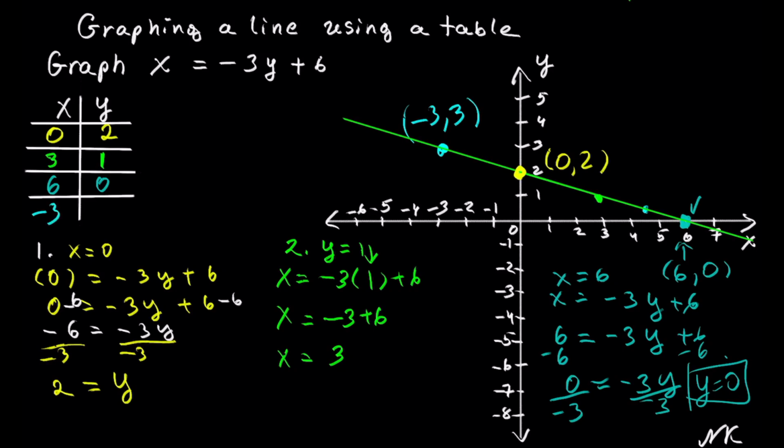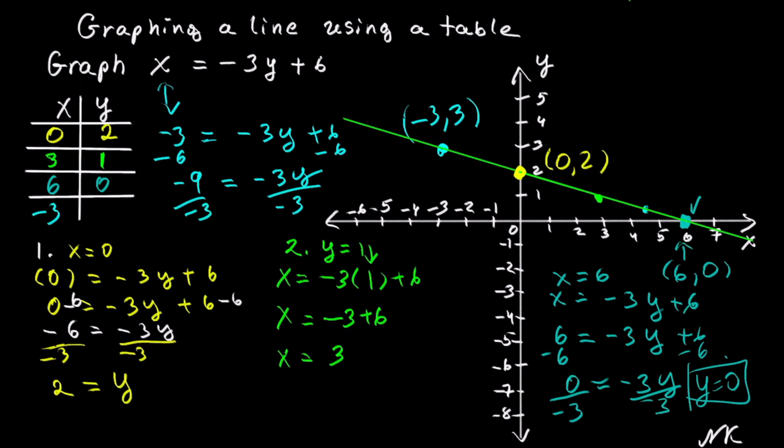If I substitute -3 instead of x, we get -3 equals -3y plus 6. Minus 6, we get -9 equals -3y. Divide by -3, and y will be equal to 3. So this point also works. That's all.